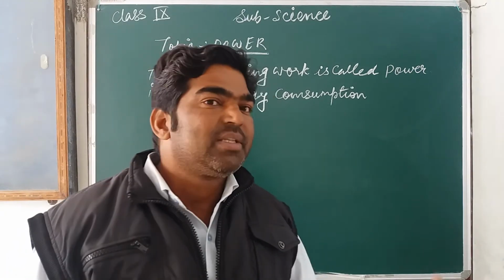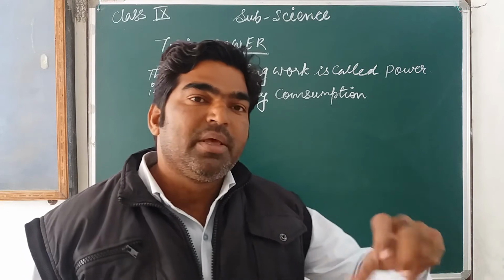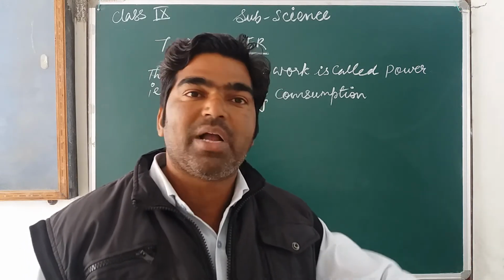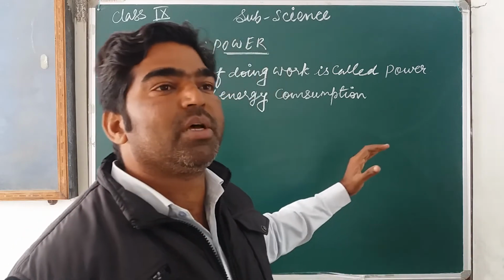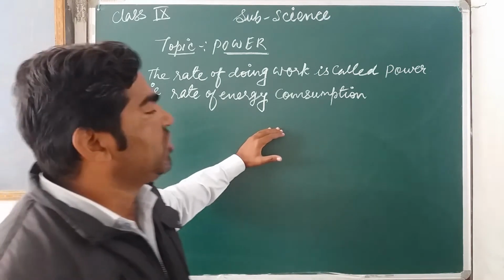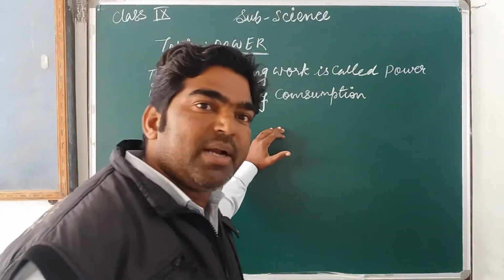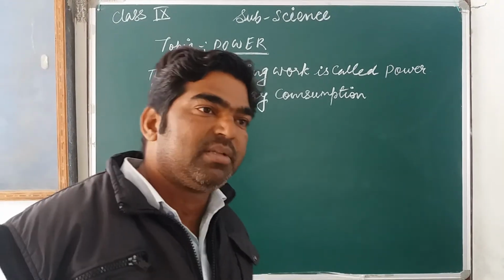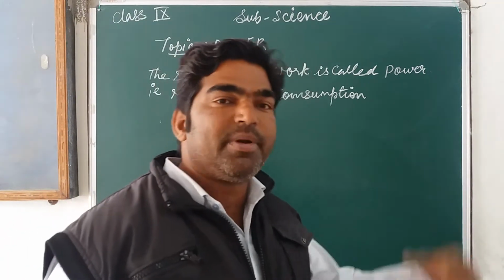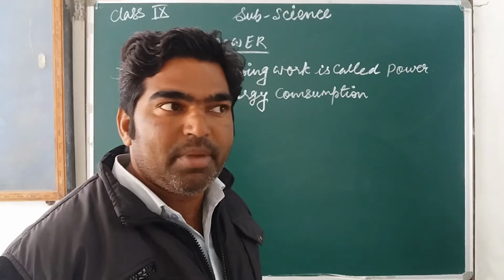So it is known through the power. For any machine, what is its power? If its power is higher, it means the machine does the work quickly, and there will be much more consumption of energy. This is also related to the rate of energy consumption. If any machinery part or system has more power, then it consumes much more energy as compared to another system or machine.